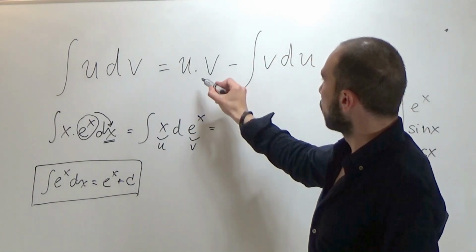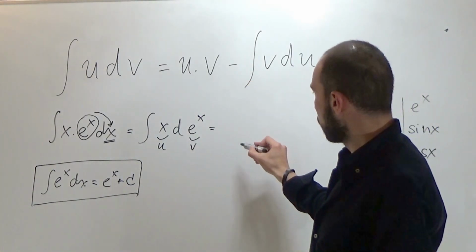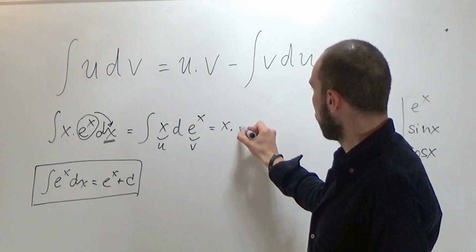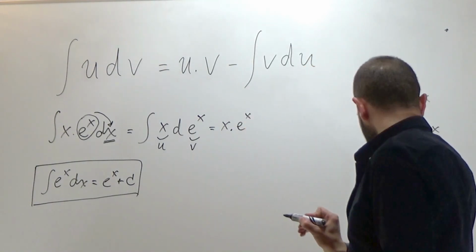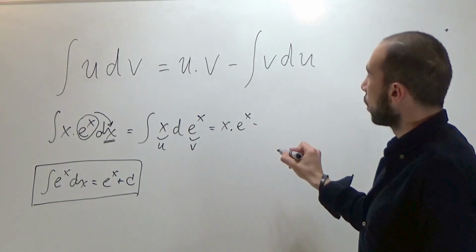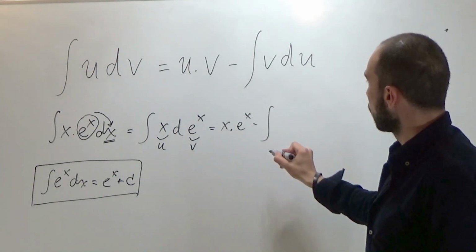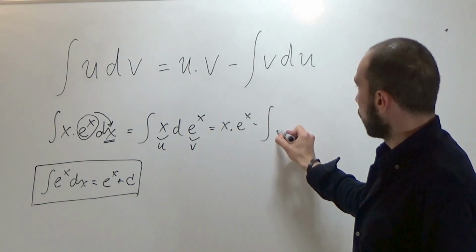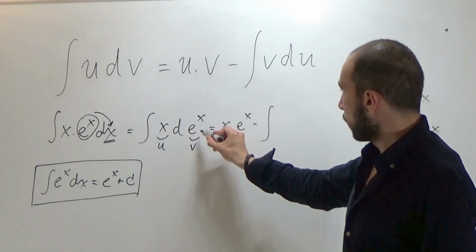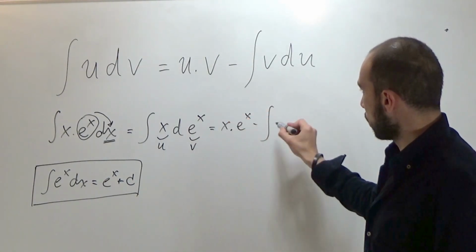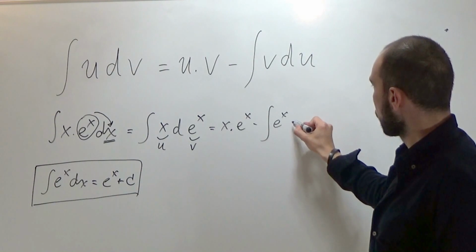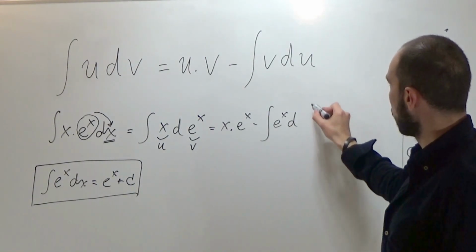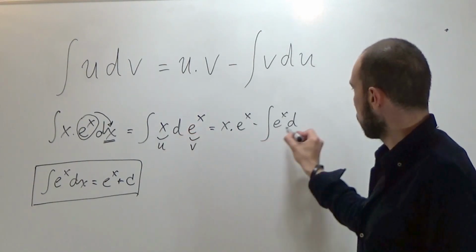We have u multiplied by v, in our case x multiplied by exponential function, minus integral of v, in our case exponential function, the sign of the differential, and then u, in our case x.